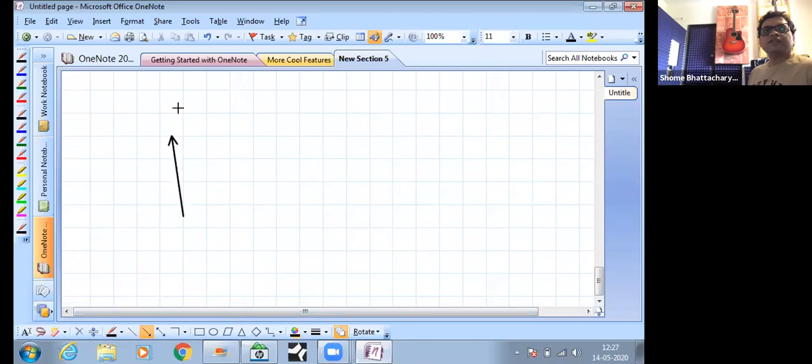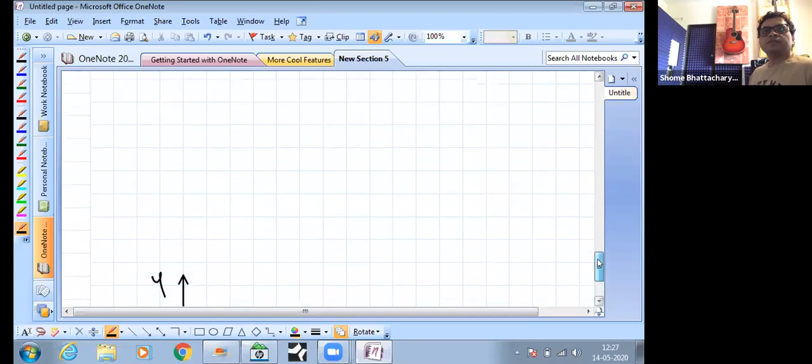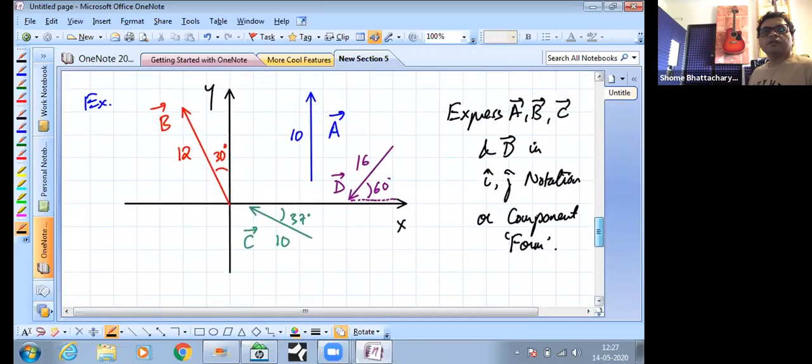So if you look at the vector A, to understand it in component form, you have to place vector A at the origin, and from that you will understand how much angle it is making with the x-axis.